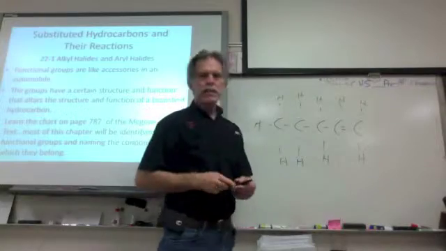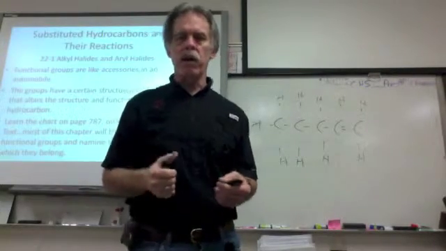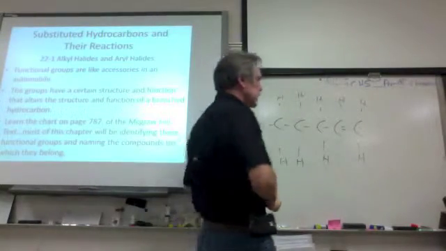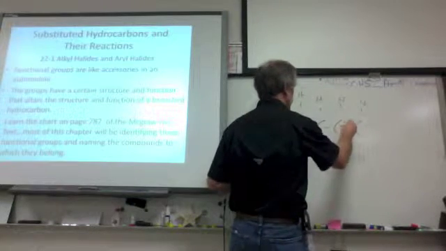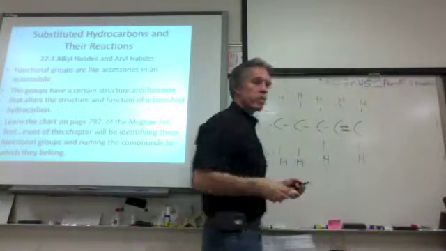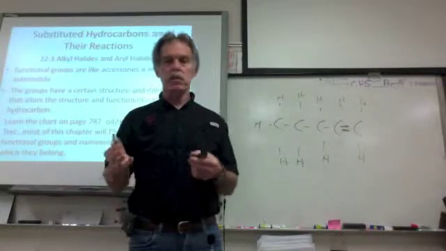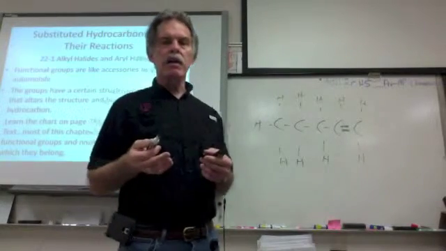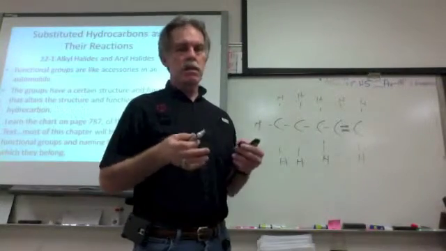So that would be pentene, but remember we've got to tell people where the double bond is. In this case, this double bond is on the first carbon. Remember, we count from the end closest to the double bond, so that would be 1-pentene.